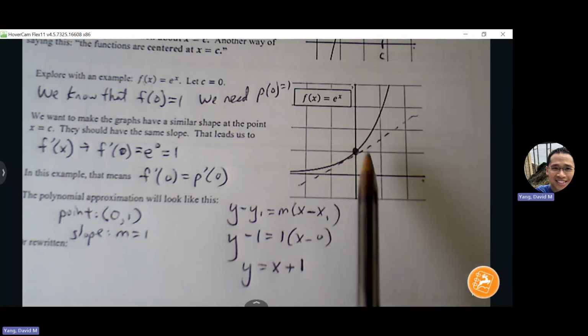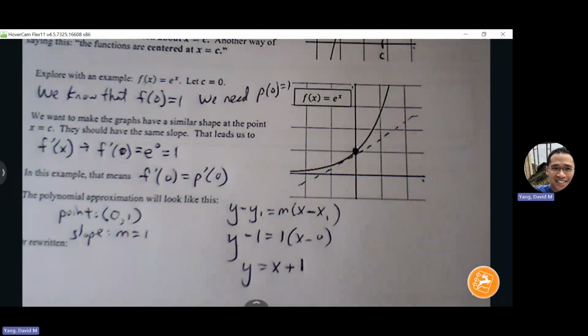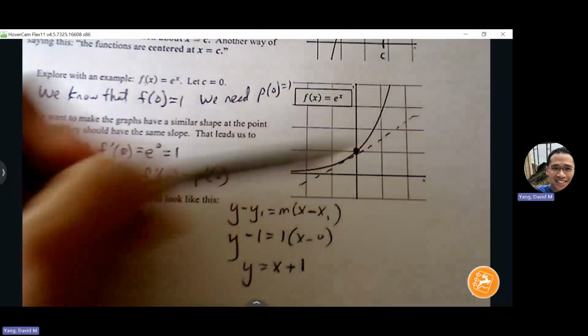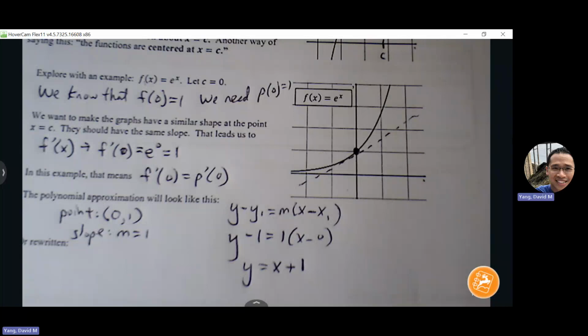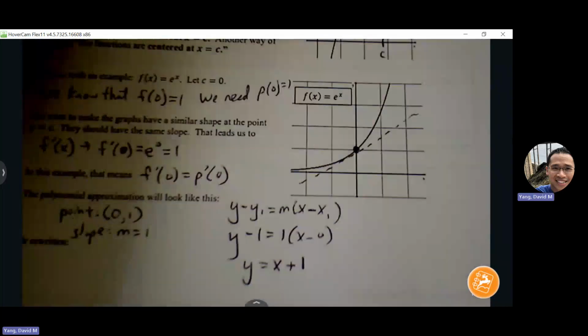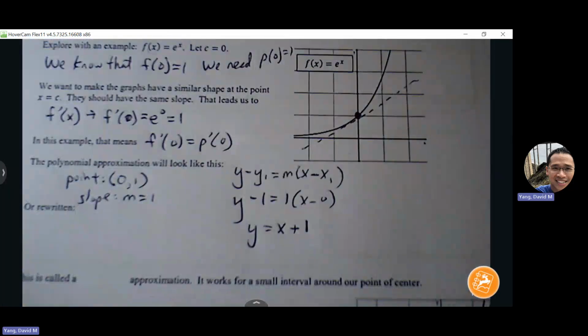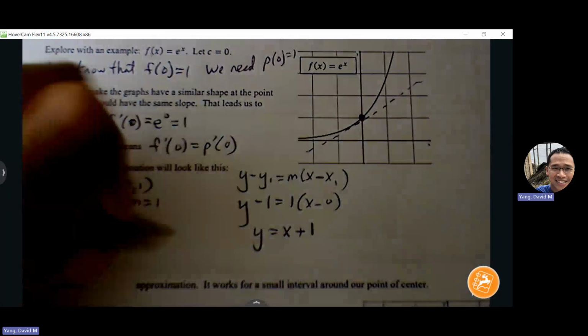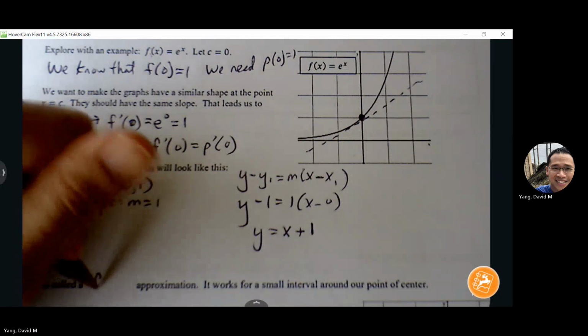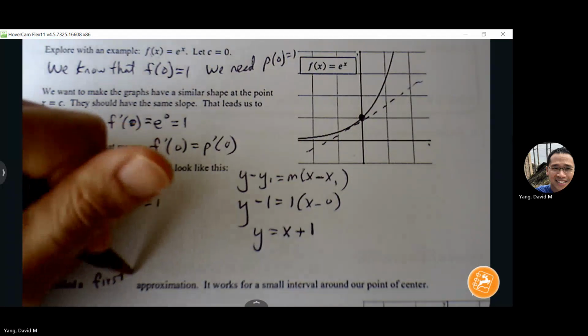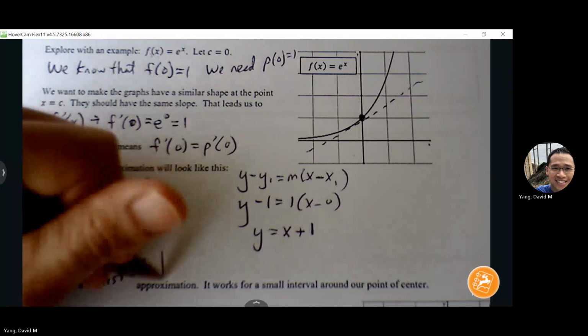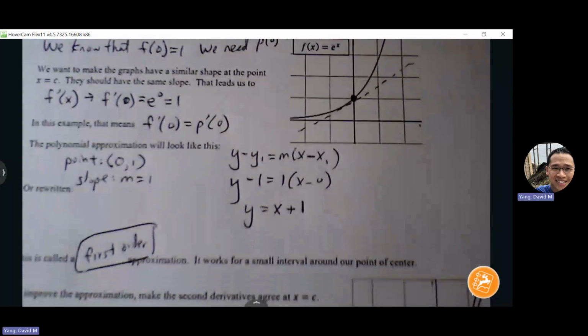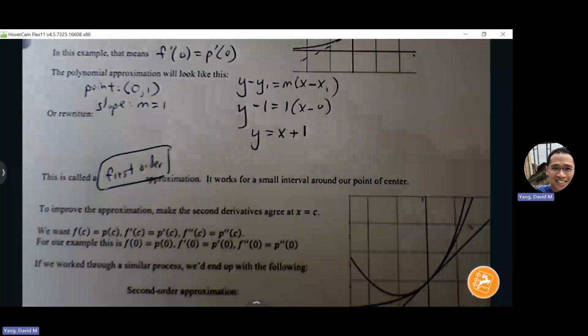Once we extend past 0, then our approximation is getting a lot worse. We call this a first order approximation because we're just matching the slope at that point. That's it. It works for a very small interval around the center.